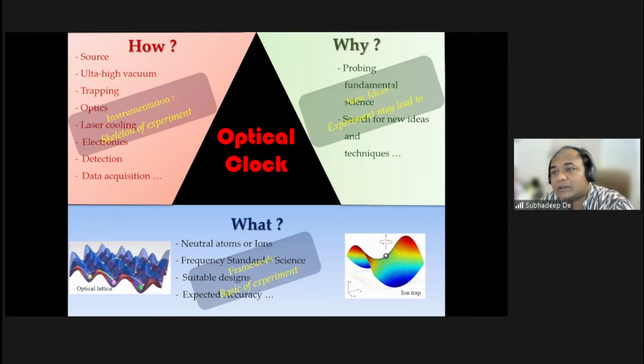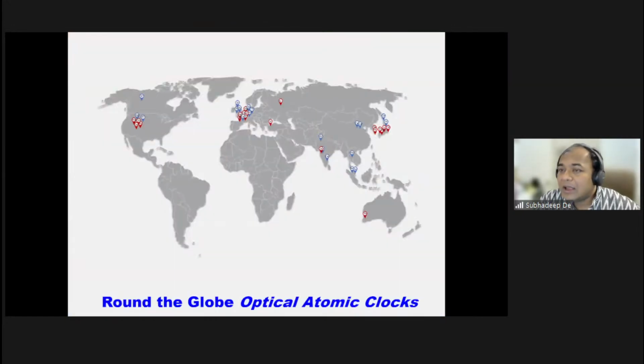Do you want to use them as a frequency standard, just as a clock, or do you want to use them as a sensor to make some fundamental science test, etc.? So accordingly, you have to choose the species. For example, ytterbium is a very good candidate if somebody wants to study fundamental science using optical clocks. That's how one has to choose which species to take up for building the optical clock.